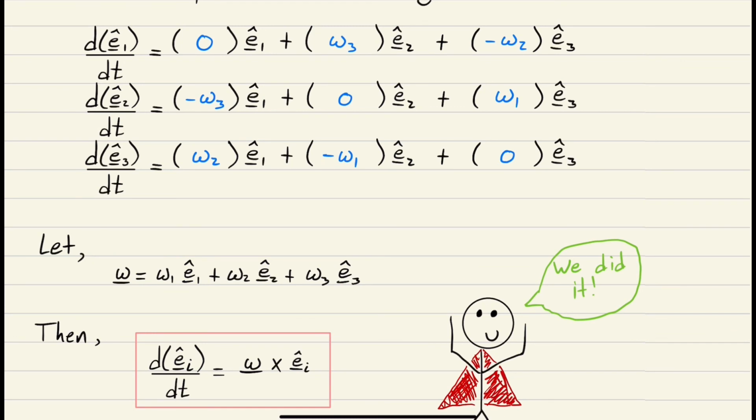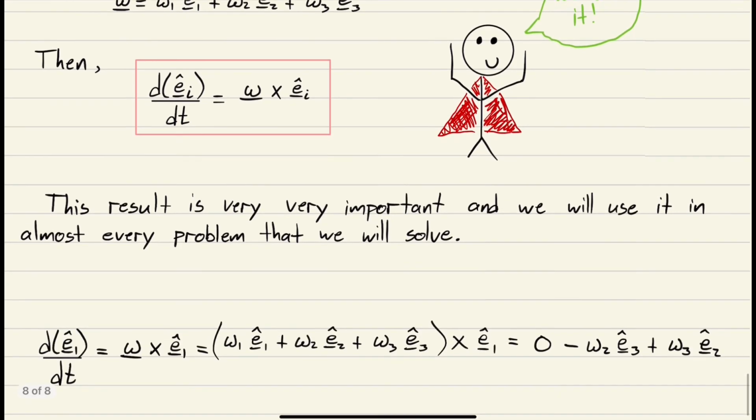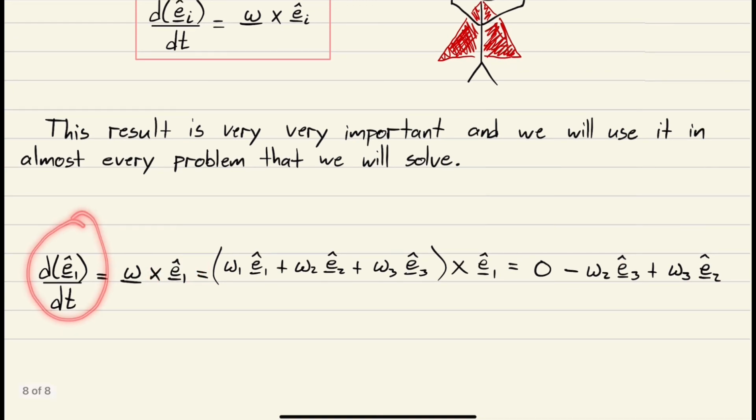Let's try and find the rate of change of E1, the E1 basis. We take omega crossed with E1. So the rate of change of the E1 unit basis vector will be omega, the angular velocity vector, crossed with E1. We get E1 crossed with E1, that's 0. We get omega 2 E2 crossed with E1.